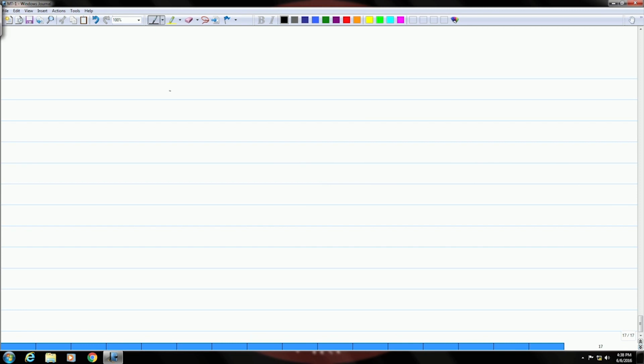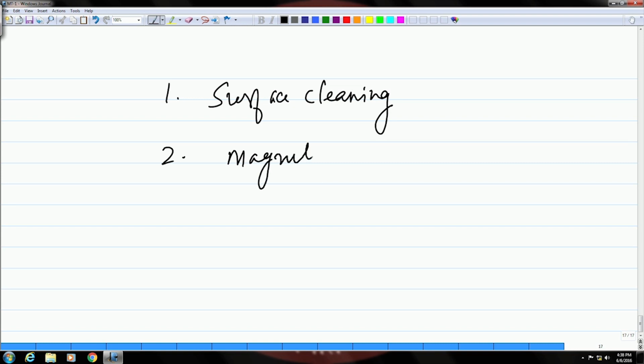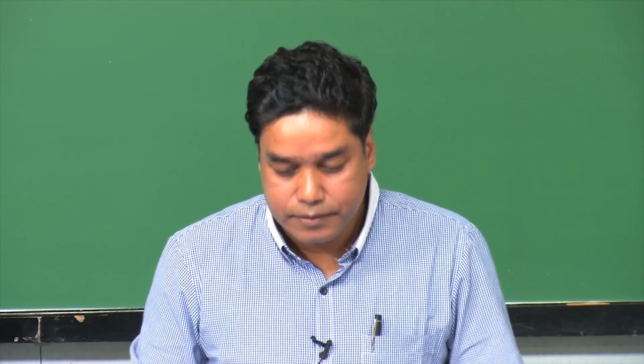So, let us see in what stage we are for this particular technique of magnetic particle testing. The first one was surface cleaning, then magnetizing, and in this magnetization we have seen different methods, and we have also learned a little bit about the theory of magnetism, which is needed in this case.